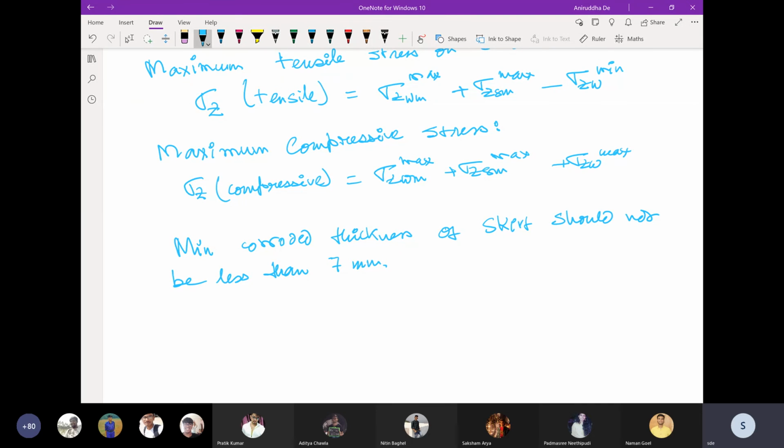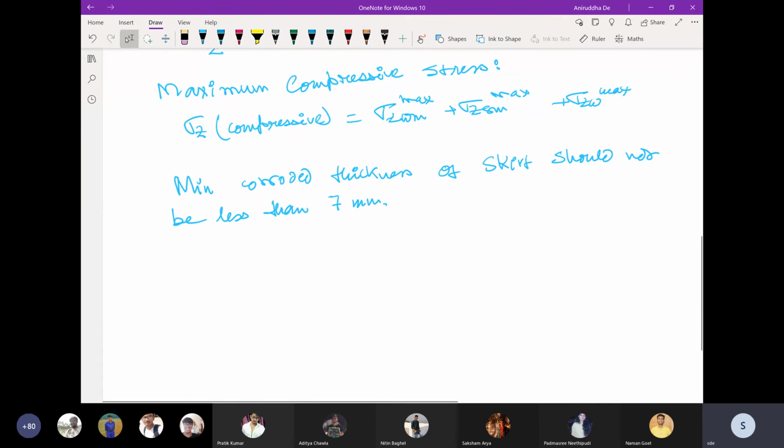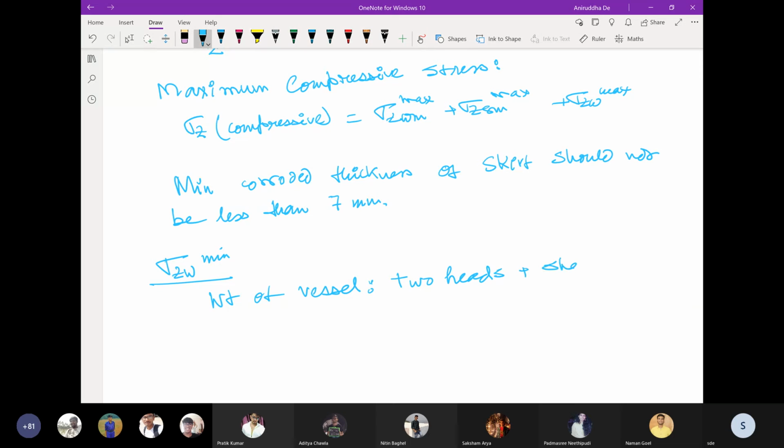Now let us look into how to calculate the various stresses. Sigma ZW minimum is based on the weight of the vessel. Minimum is basically the weight of the vessel including the two heads plus the shell weight.